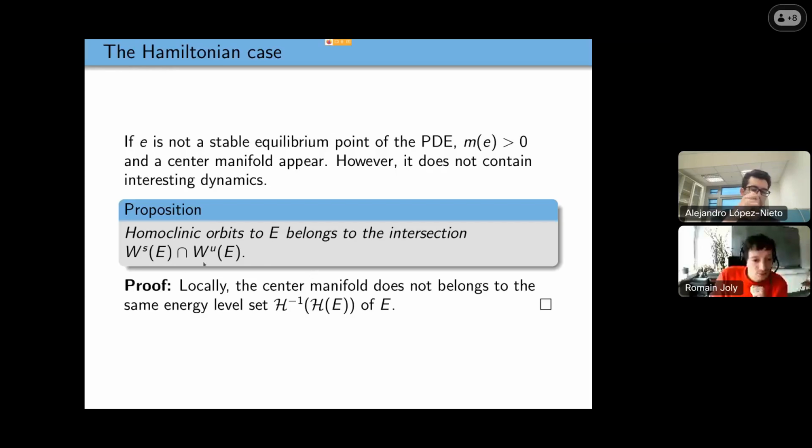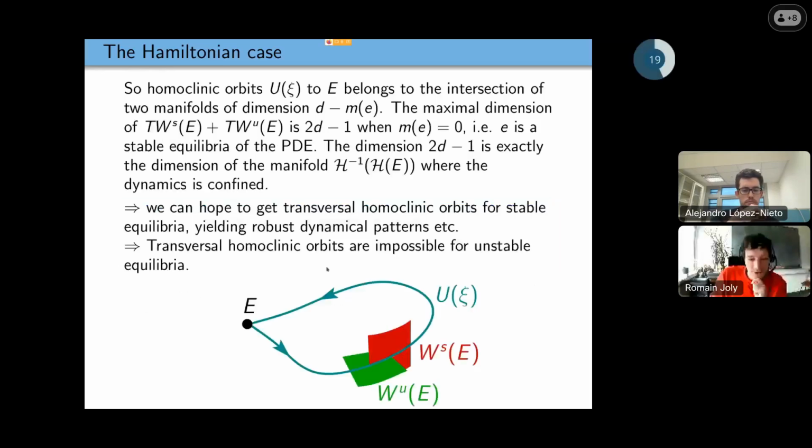So why it is important to look at this is because now you can argue something by dimension. So the picture is the following. Again, you have an equilibrium point of your ODE, and you're looking for pulses. So things that converge at minus and plus infinity to the same equilibrium point, which from the ODE point of view is called a homoclinic orbit. So an orbit u, so that you start from your equilibrium point and then you go back to your equilibrium point.